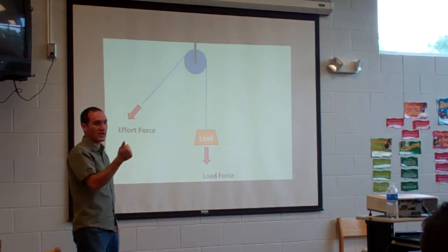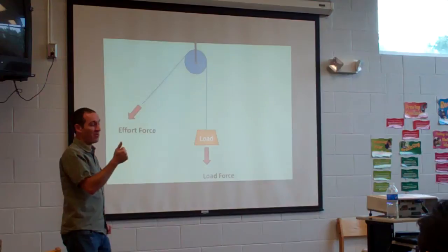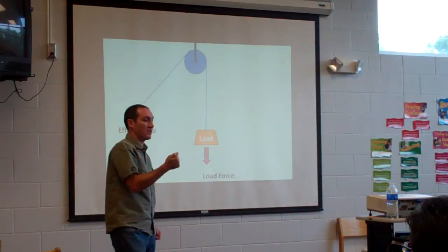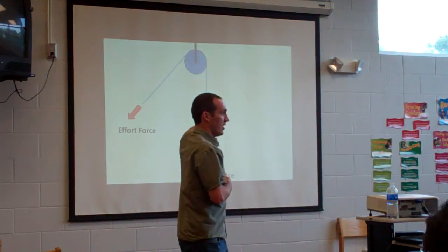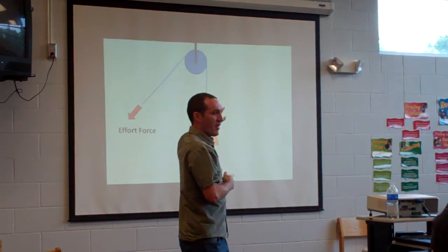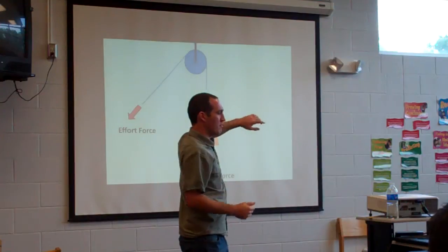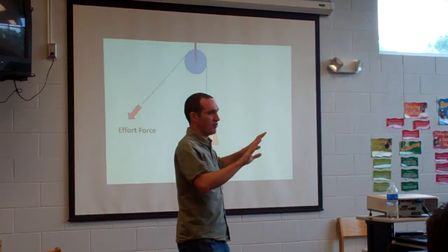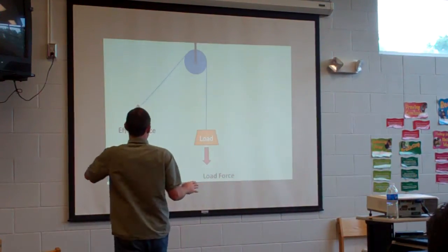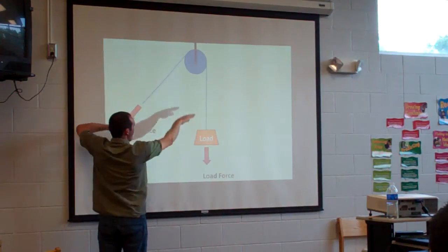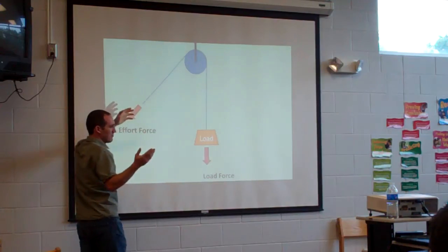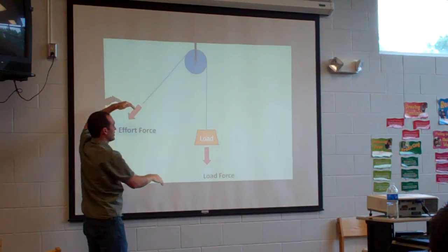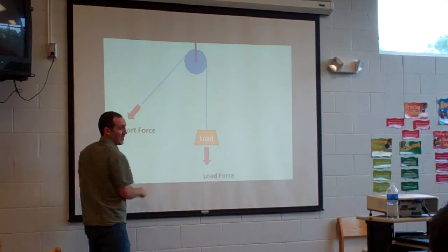This is what will help you understand how simple machines work. To get any kind of force amplification, that equality between the movement of the load and the movement of the effort is no longer going to be the case. In this case, we have a one-to-one movement of effort and load, and that actually turns out to mean that we have a one-to-one correspondence to the force on the effort side and the load side.